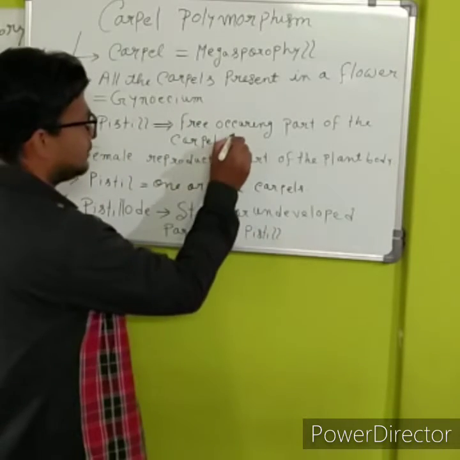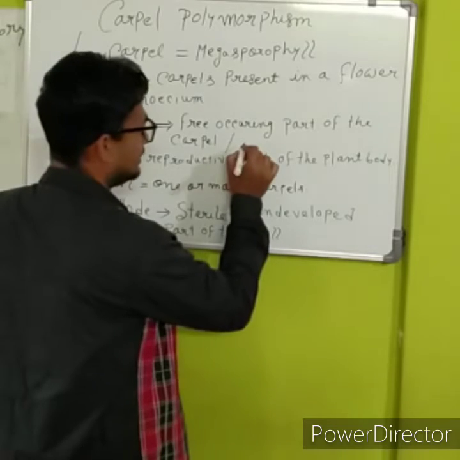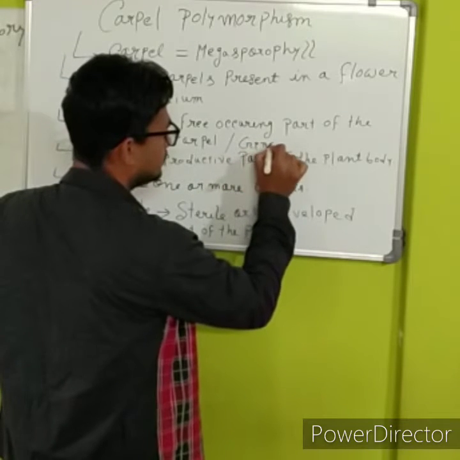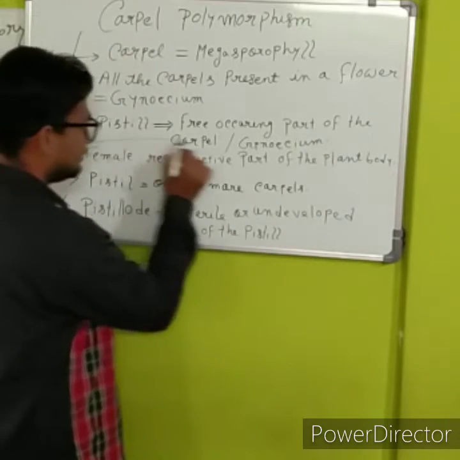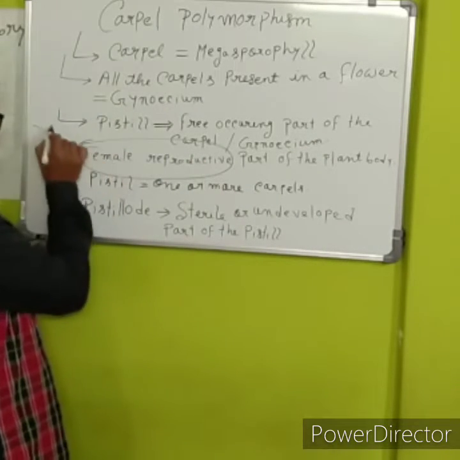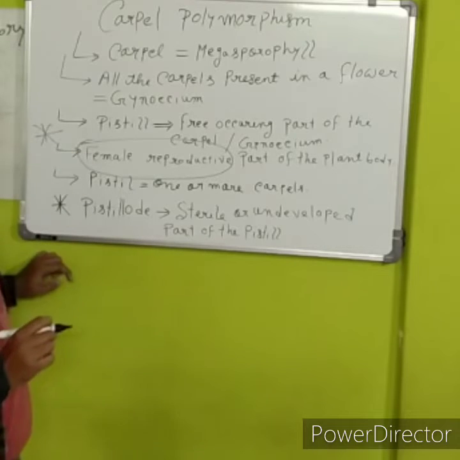So, a carpel is ultimately equivalent to gynoecium, that is the female reproductive part of the plant body.